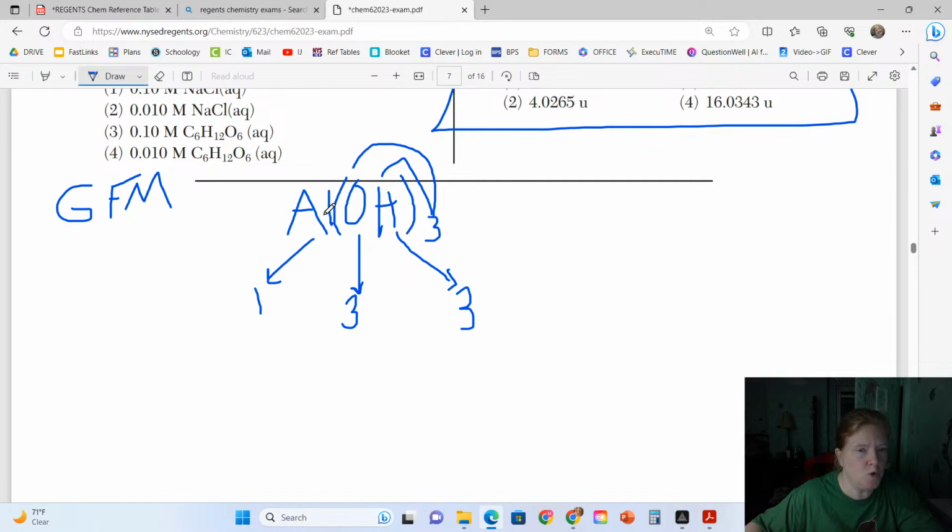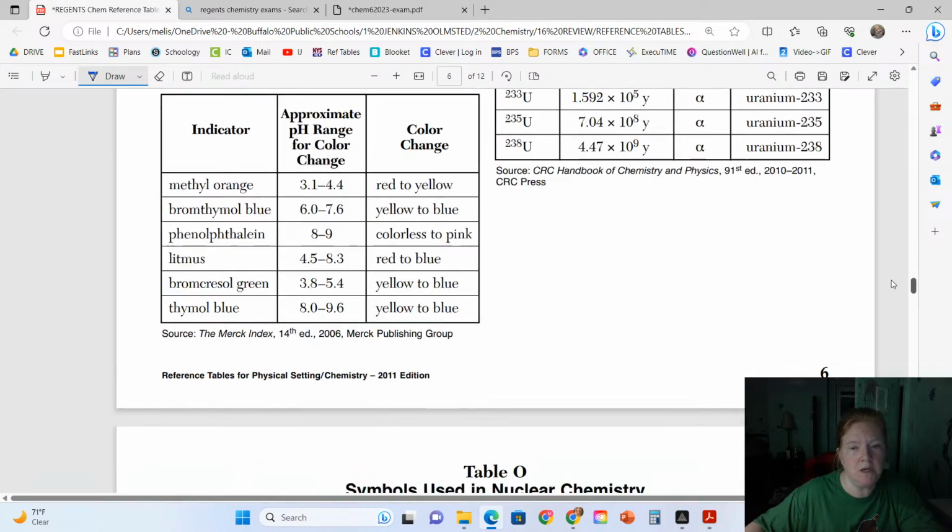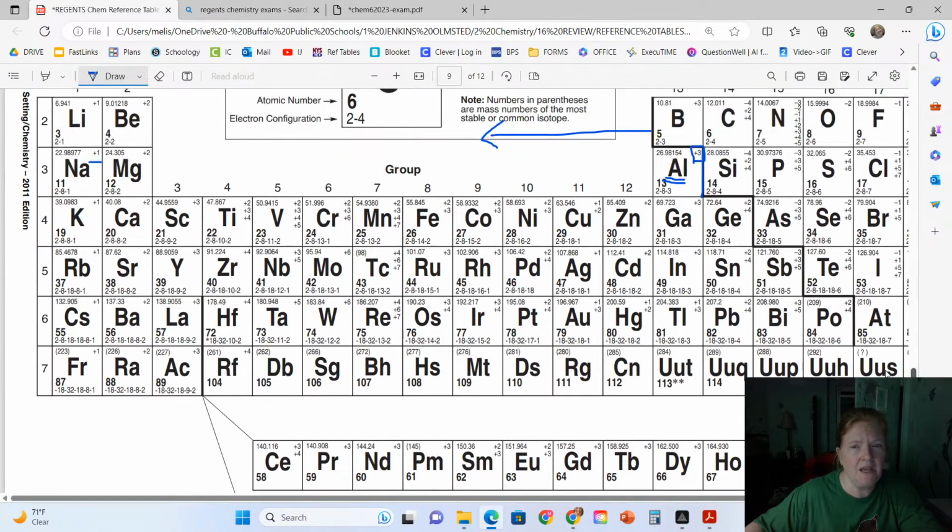Okay. So I have the number of atoms, but now to do gram formula mass, I need the mass. So I need to go to the periodic table, and I need this number, atomic mass, for each one of those elements. For aluminum, it's 26.98. I can round that to 27.